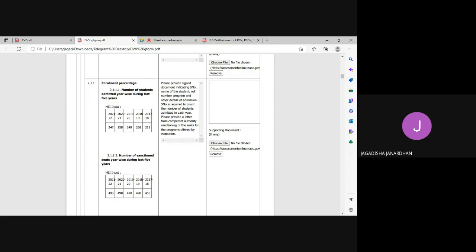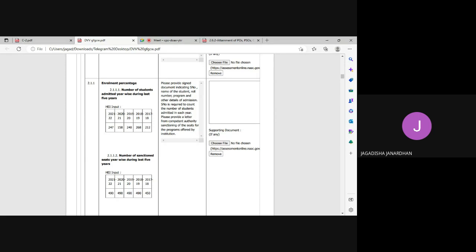The serial number is required to count the number of students admitted in each year, and it will be helpful for NAAC, so we need to put the serial number for total students.